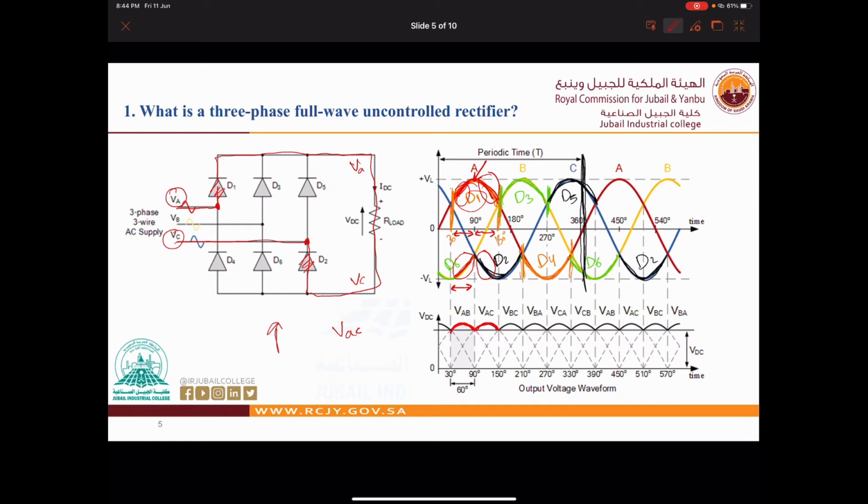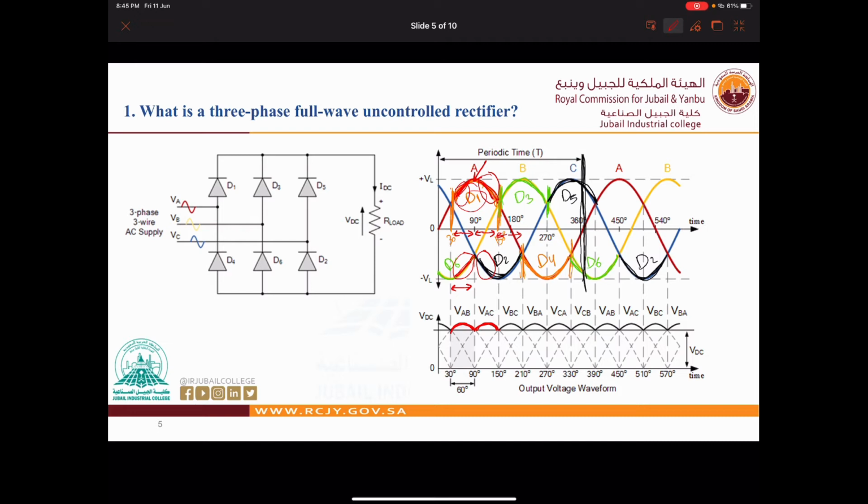Again for the third one, I'm going to do it for the third one, guys, and the rest is the same. It's good to practice. Now for the third angle, it should be from 150 up to 150 plus 60, which is 210, right?